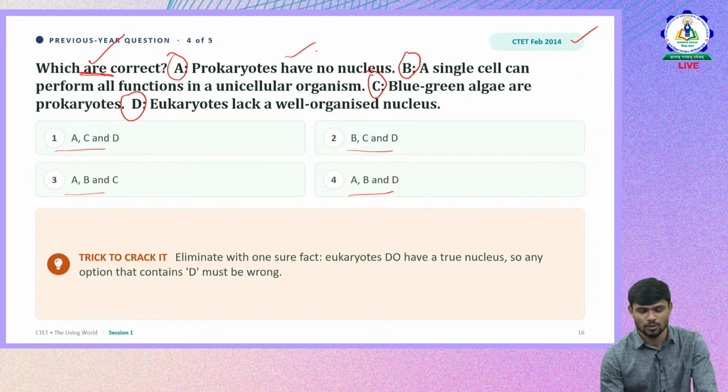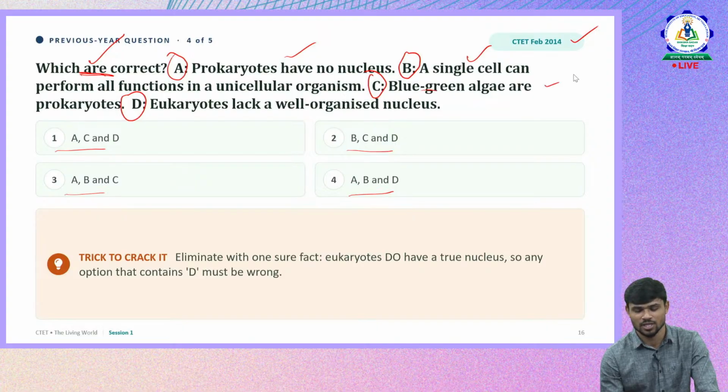The first one is prokaryotes have no nucleus. The next one, option B, a single cell can perform all functions in a unicellular organism. Option C, blue-green algae are prokaryotes.